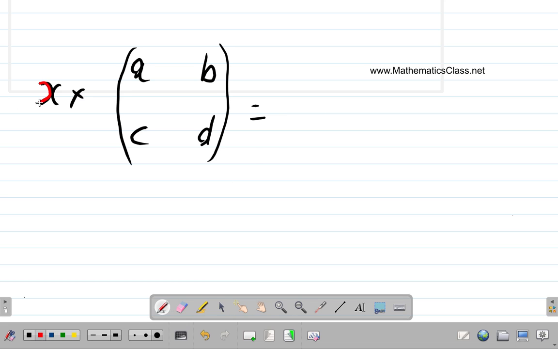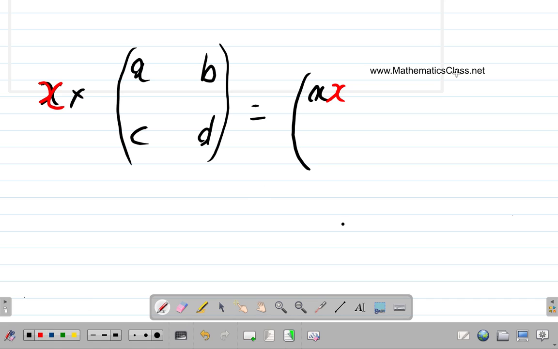This is X. That will multiply them. So what you will have is X multiplied by A, but we want to maintain alphabetical order, so what you will have is AX.